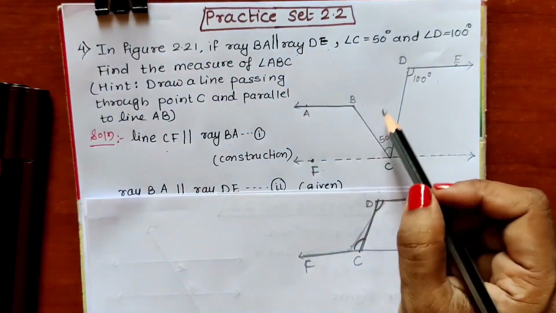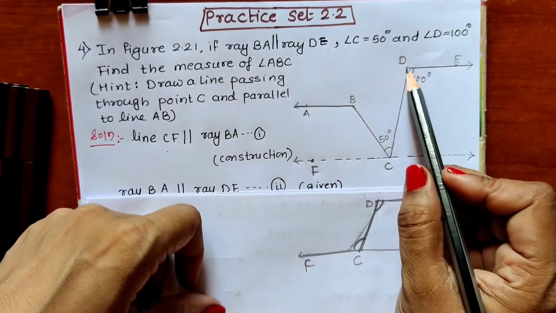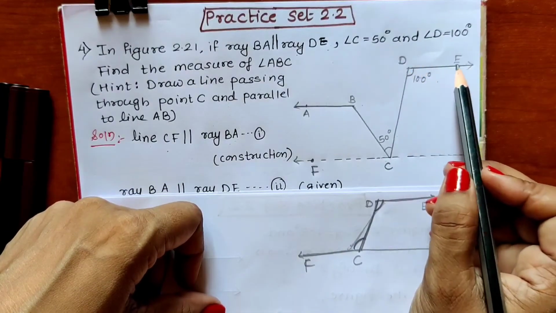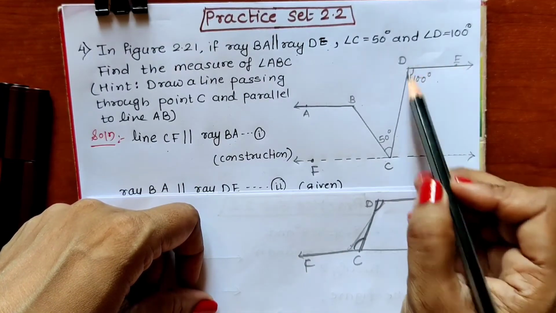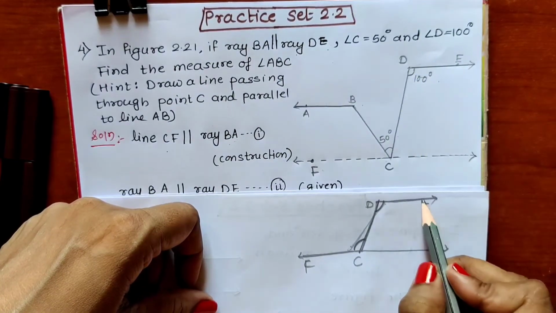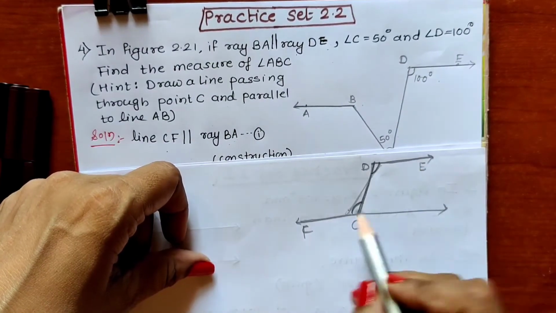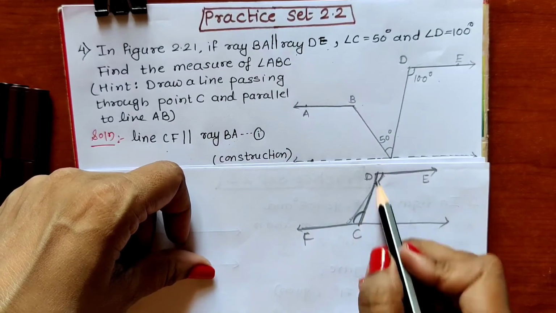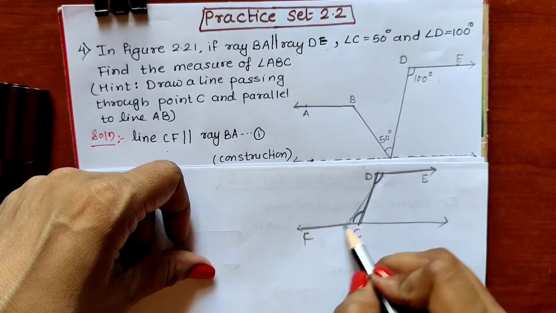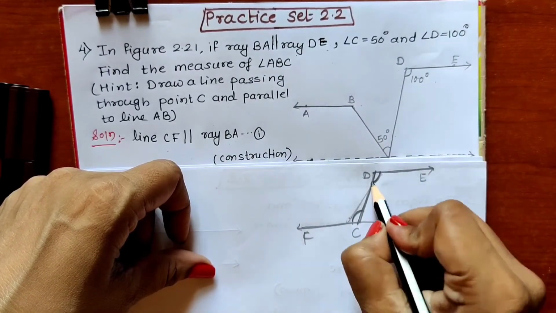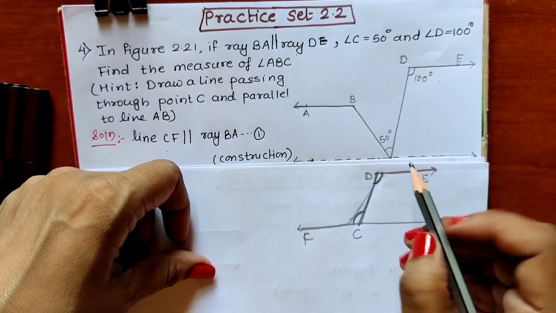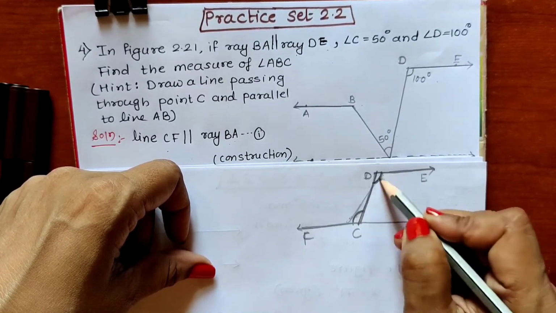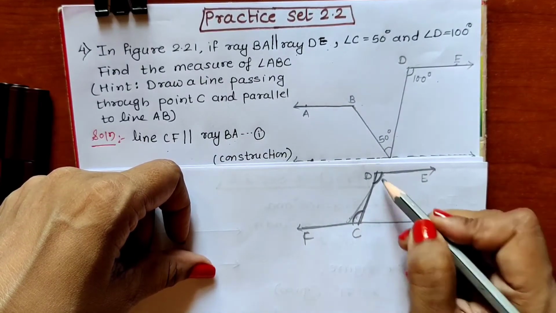We can see various angles there, and that's why we will be writing the name of this angle D as EDC. Okay, this will be angle EDC, and this angle will be FCD. These two angles, this C and D, we will be writing by using 3 letters, and these two angles are alternate angles, and that's why they are equal with each other.